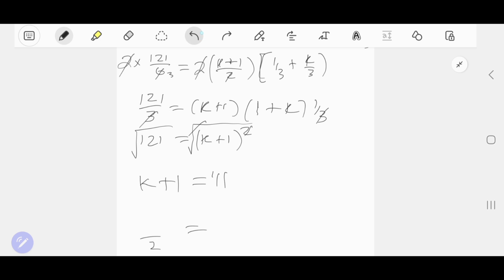So let me just write it in a manner that we don't make a mistake. The first one is going to be k plus 1 is 11, or k plus 1 is going to be negative 11. And then we go on and find the values of k. K is going to be 10, or k is going to be negative 12.